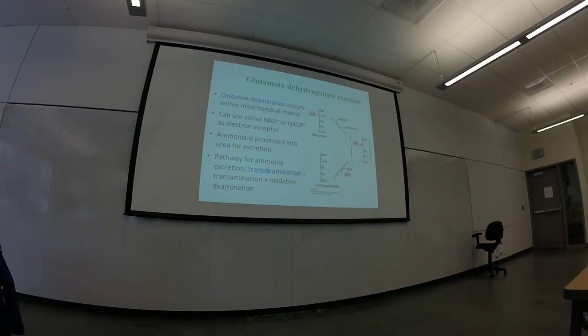If it's NADPH, it's used in synthetic reactions, like the NADPH that's made in the pentose phosphate pathway. Again, transamination plus this oxidative deamination is called transdeamination.